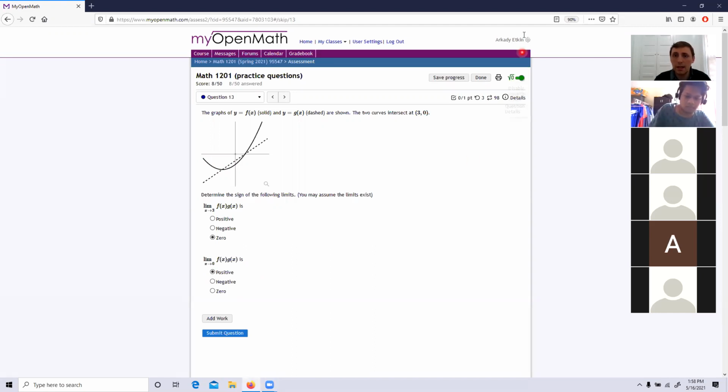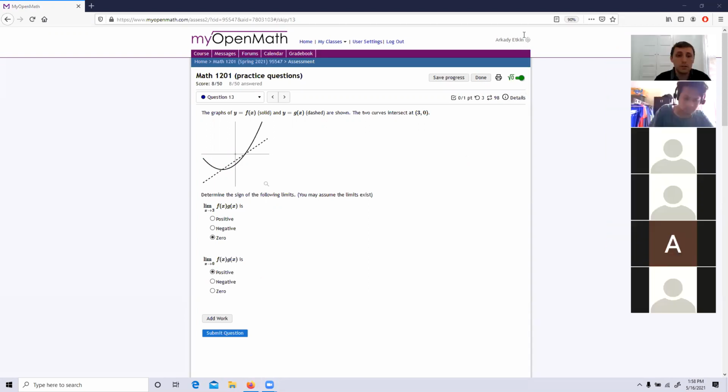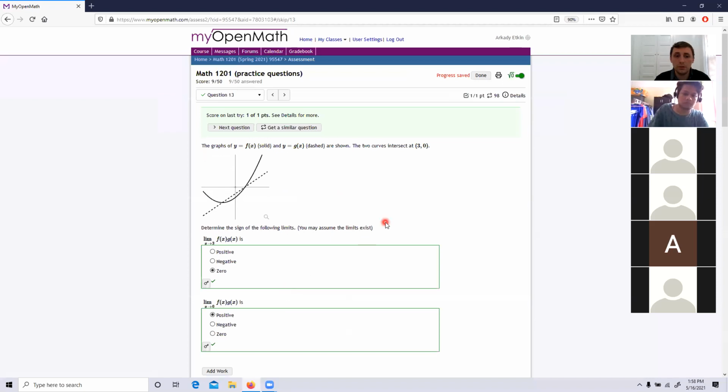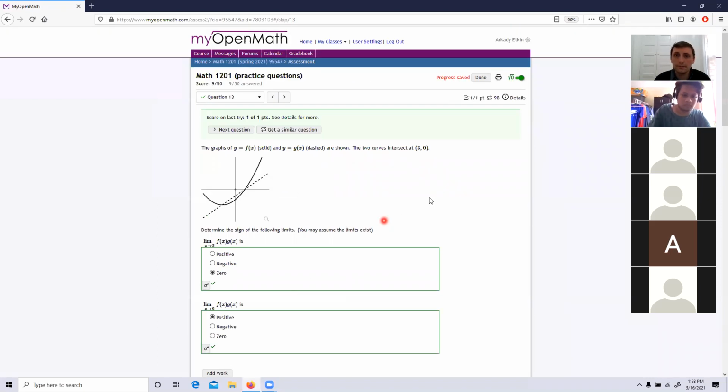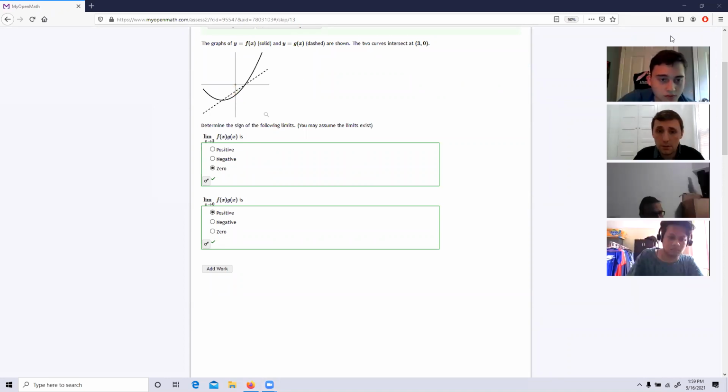Yes? So let's look at our work. Wonderful. What a surprise. How is it negative? Look at it, it's below the x-axis. Both f and g are negative. The product is negative times negative, which is positive. Yes?